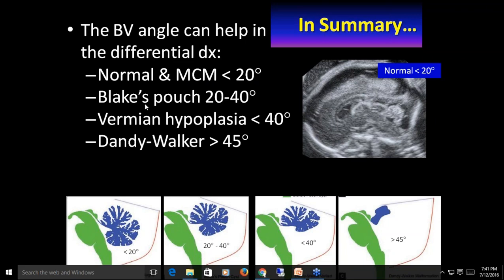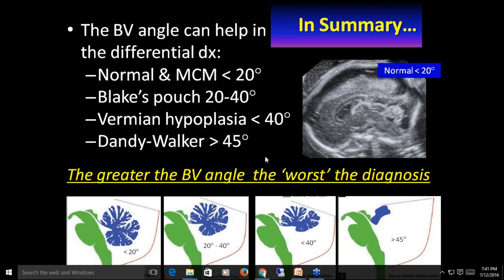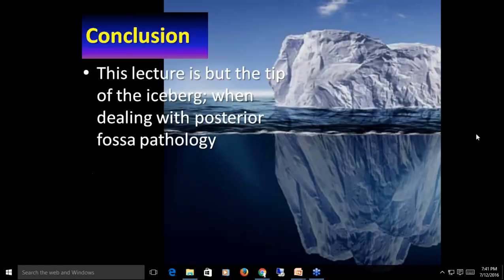In Blake's pouch cyst, the range of the angle is between 20 and 40. Vermian hypoplasia, less than 40. And in cases of Dandy-Walker malformation, these are the ones who are going to have the largest VV angle, typically greater than 45. Once again, the greater the VV angle, the worse the prognosis.